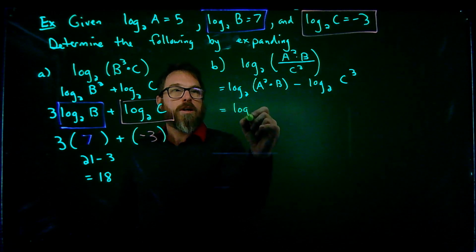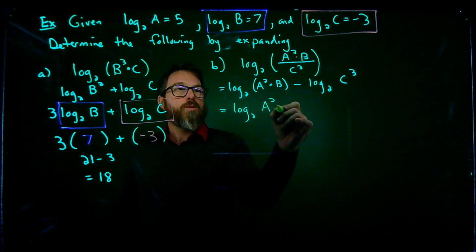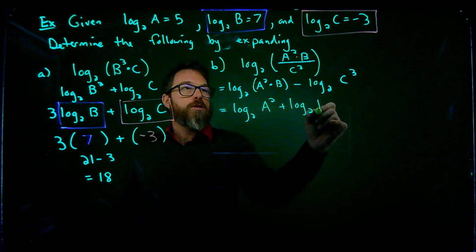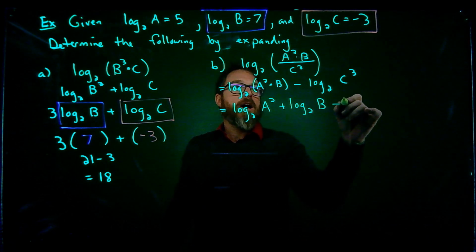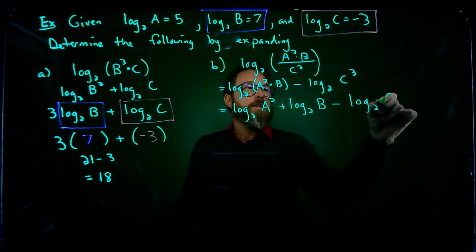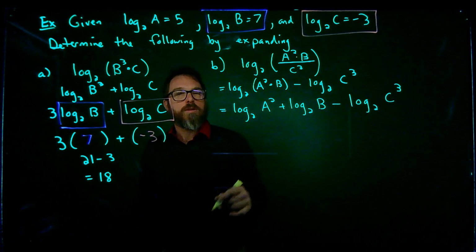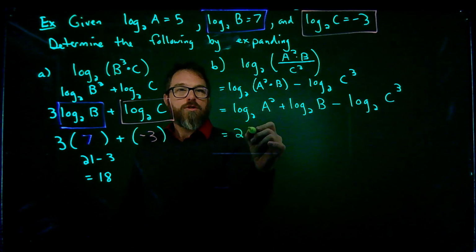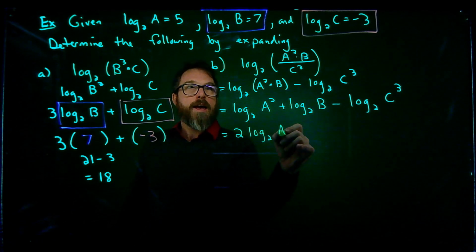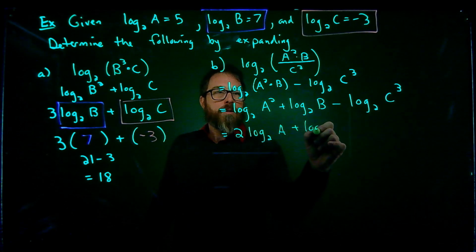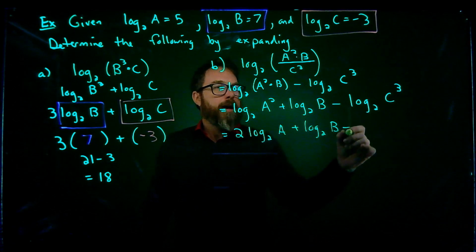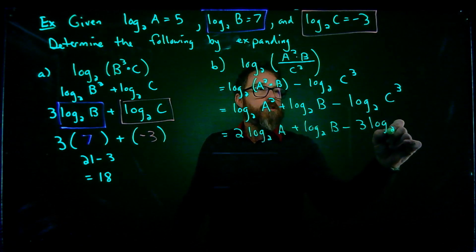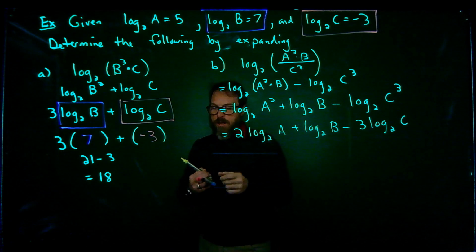So this is going to be the log base 2 of a squared plus the log base 2 of b minus the log base 2 of c cubed. And last, we can take care of the powers. So 2 log base 2 of a plus the log base 2 of b minus 3 times the log base 2 of c.